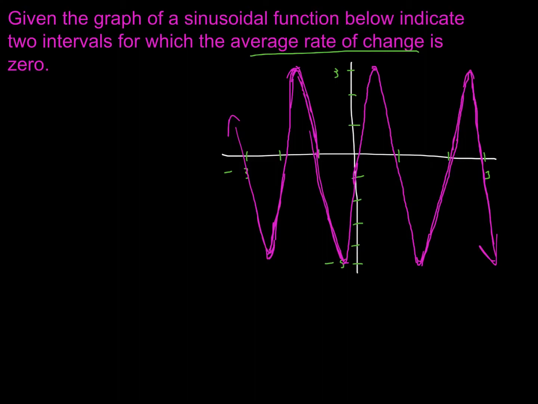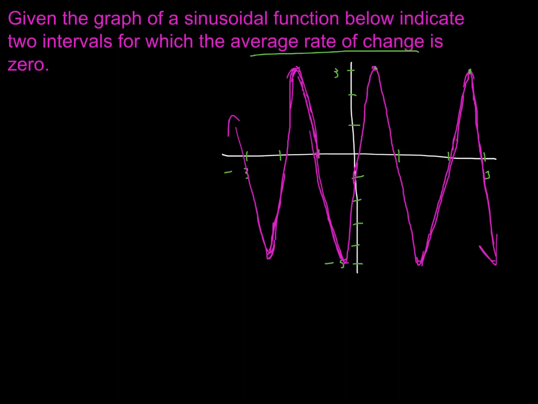Okay, so I want you to just take a look at the graph and try and pick 2 points on the graph where, on average, if you were to go from one point to the other, your rate of change, the amount you're changing, is 0. Alright, so there are infinitely many options, really. The first that I will think about are just these 2 points here.